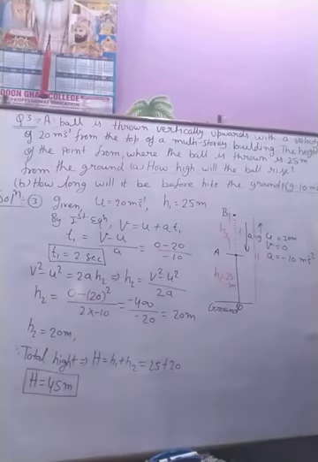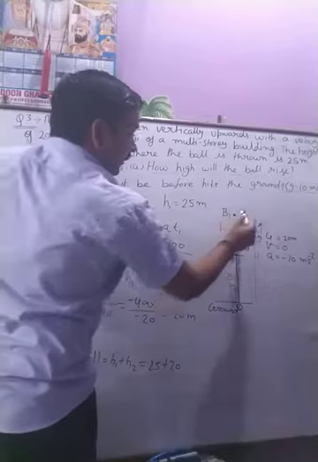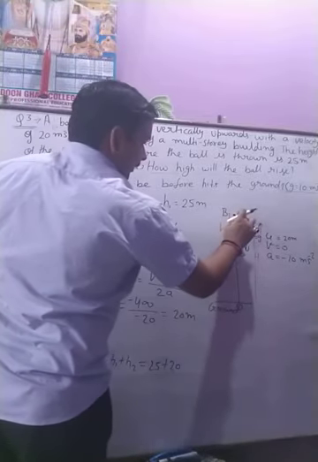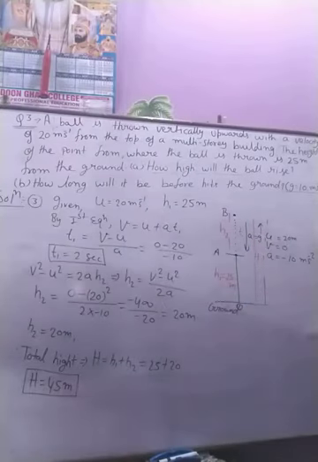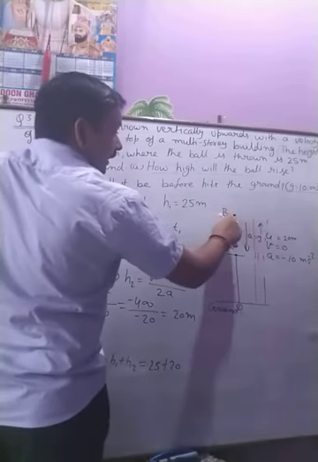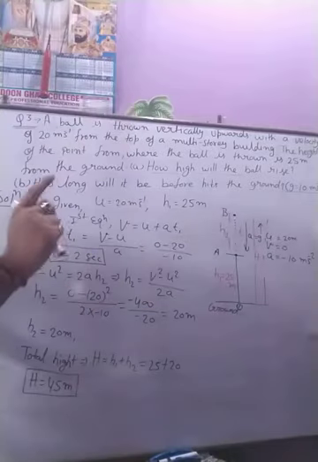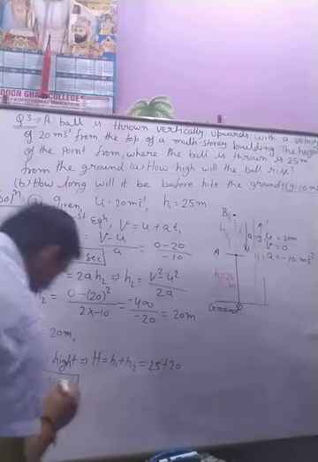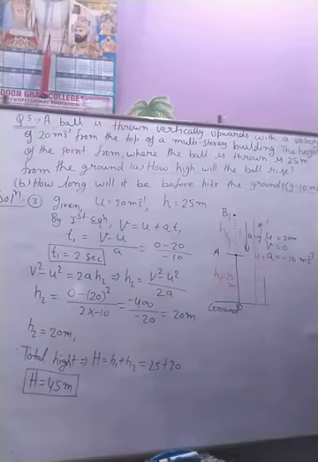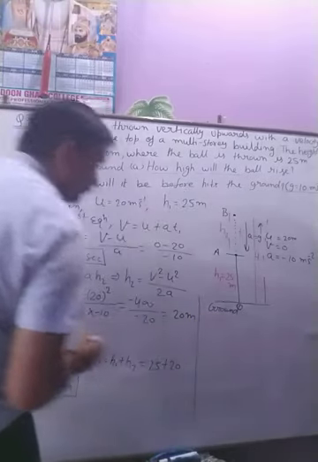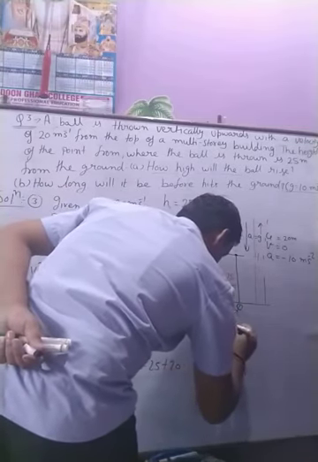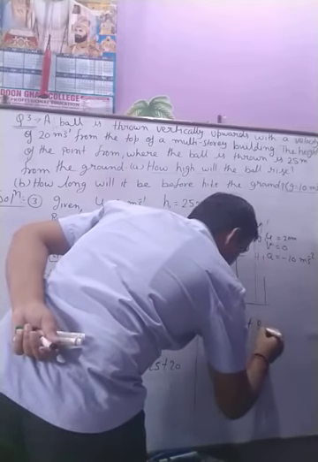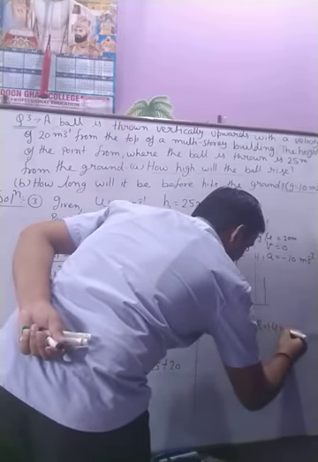Okay, now it will return back from point B to the ground. ठीक है, तो अब हमें B से C तक की वैल्यू निकालनी है. एंड व्हेन द बॉल इज एट पॉइंट B, इट हैज वेलोसिटी 0. So here velocity at B is u is equal to 0.